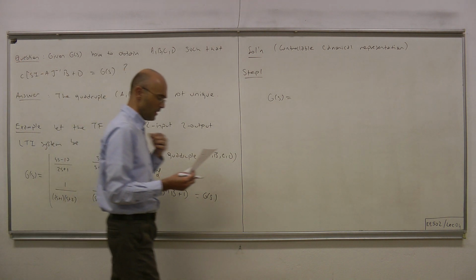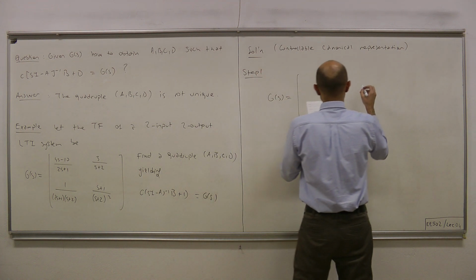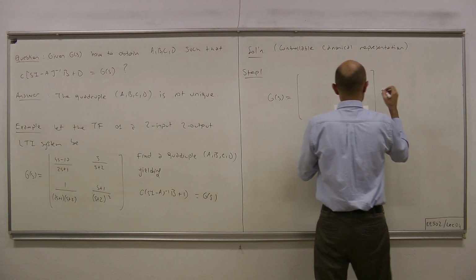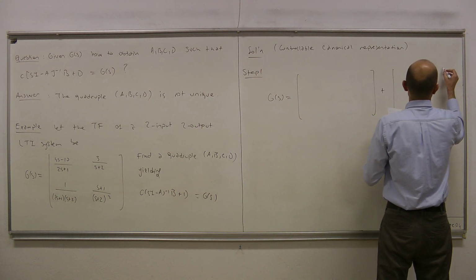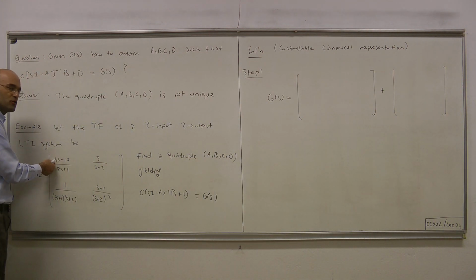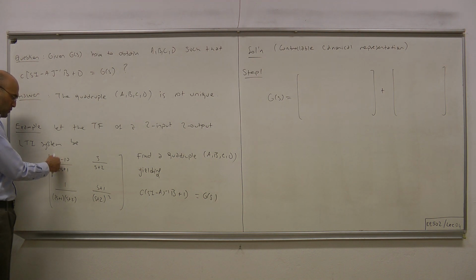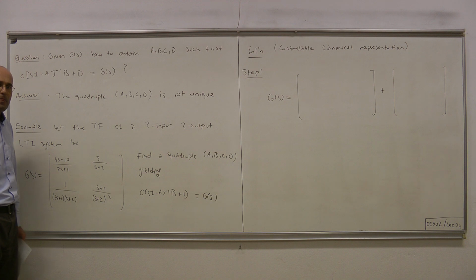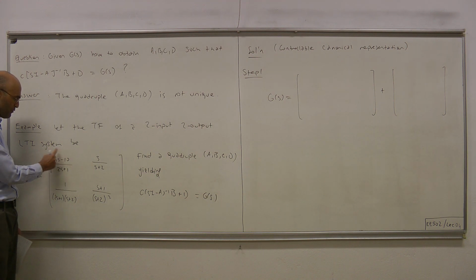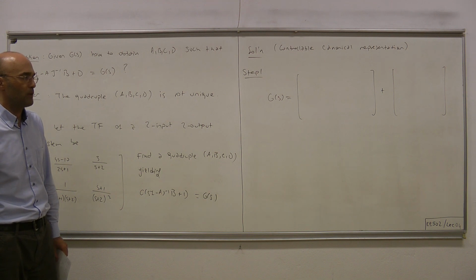Okay, for this example, what we do is write G of s in the following form. Note that the highest degree term in the numerator is 4s. Here the highest degree term in the denominator is 2s. So if you divide the coefficients, 4 over 2, it's 2. Therefore this fraction can be written as 2 plus a strictly proper rational function.